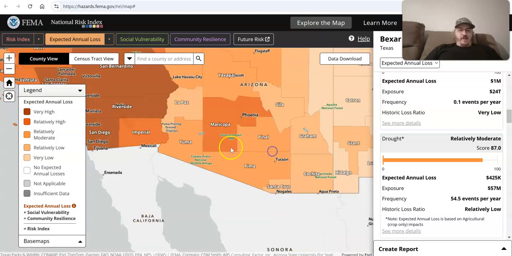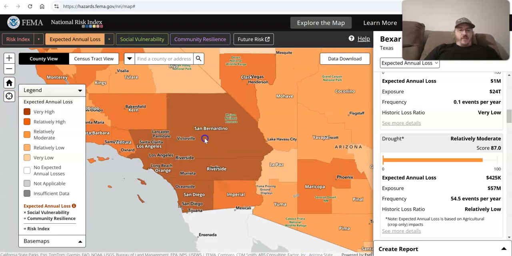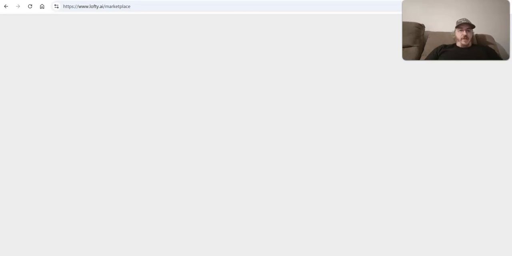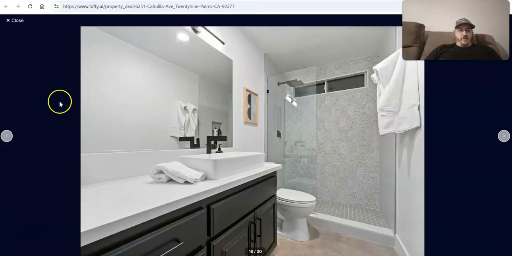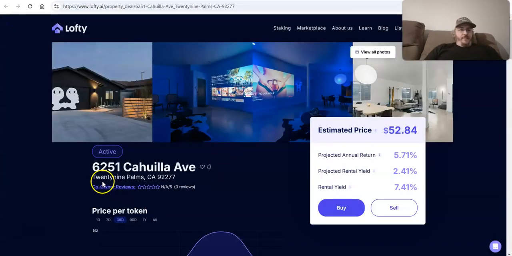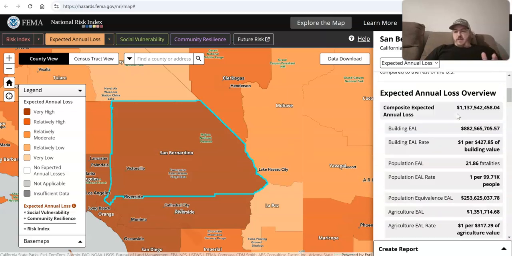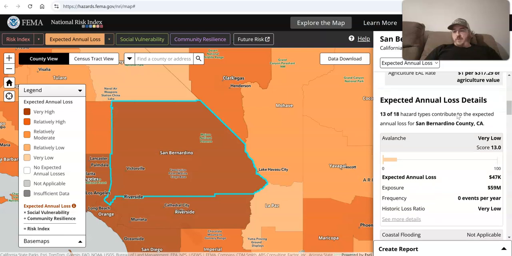But let's take a look now at San Bernardino County, the other one we were looking at yesterday when we were looking at that property. Oh yeah, close that up. Yes, this is right. I want to just look at the same thing and get an idea, right? I was pretty surprised when I looked at this.